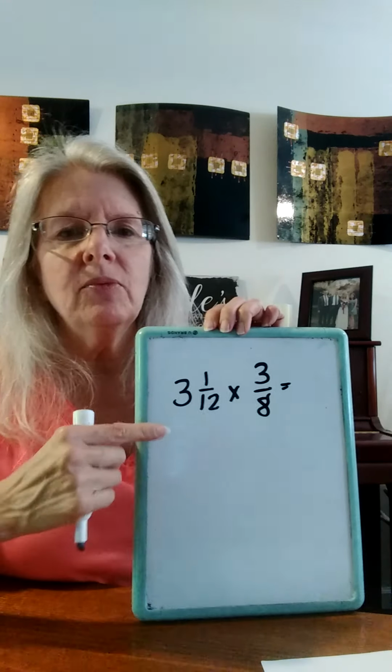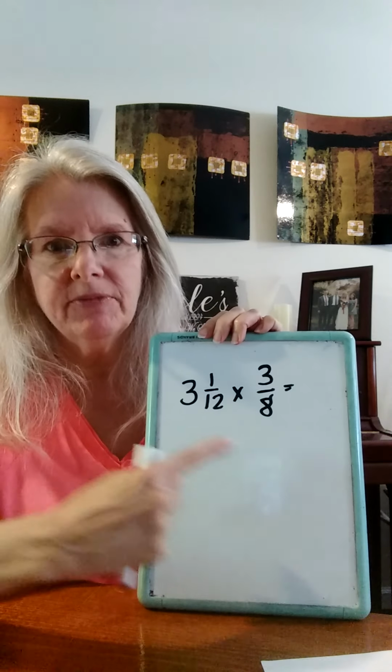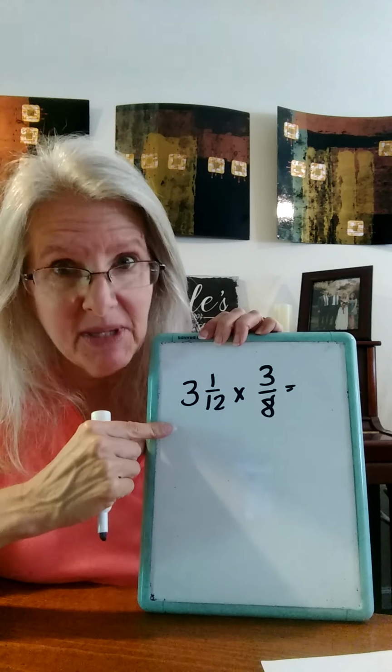Let's do one more problem like that and make sure that you're understanding. The last problem we're going to do is 3 1/12 times 3/8. Now in this one, only one of our numbers is a mixed number.